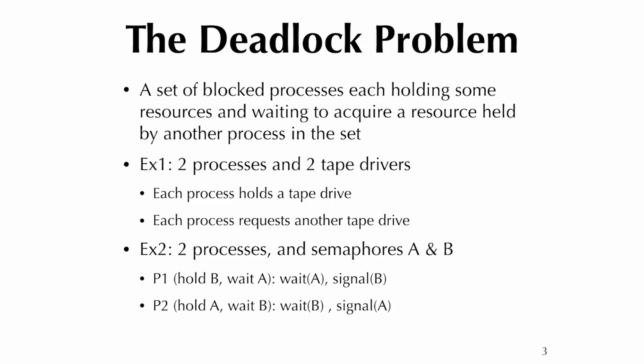You actually have multiple, but you do them in a sequence. Whereas P2, currently holding A, does a wait on semaphore B, and then after it does its work, it does a signal of A. So you can see if you do it in this order, then you could get into a circular dependency, which then is deadlock.